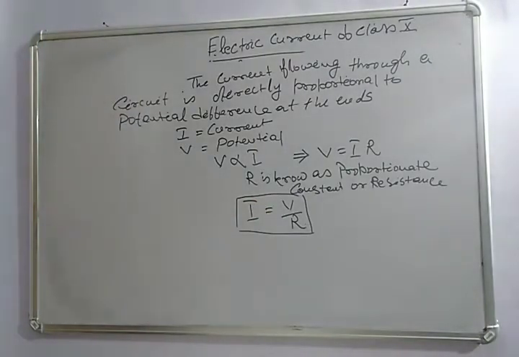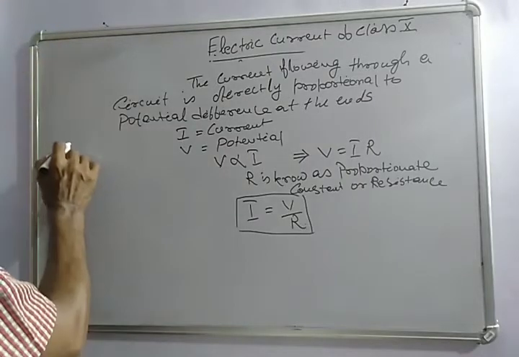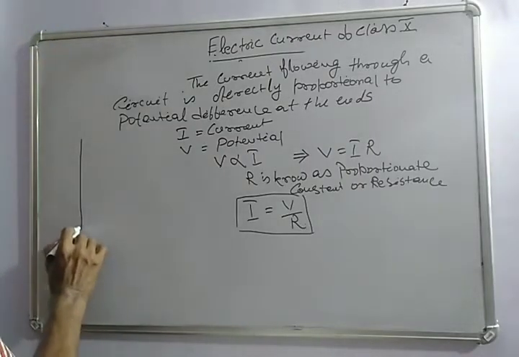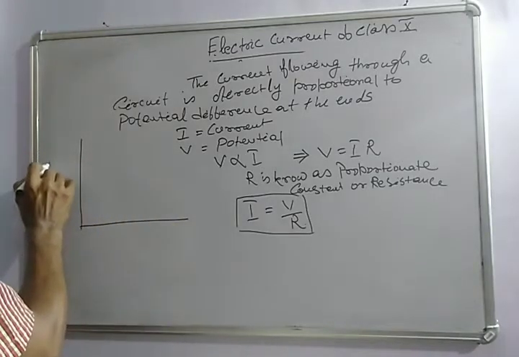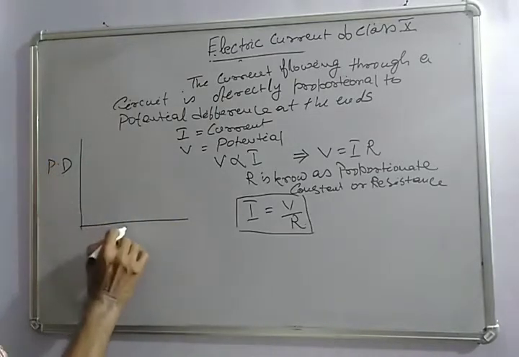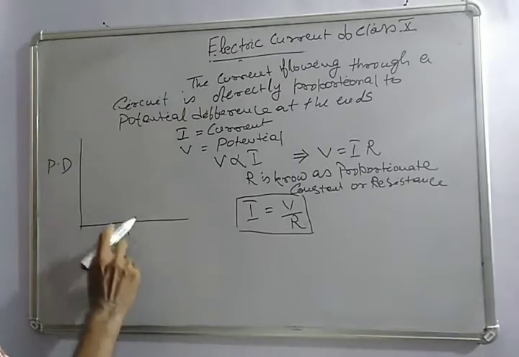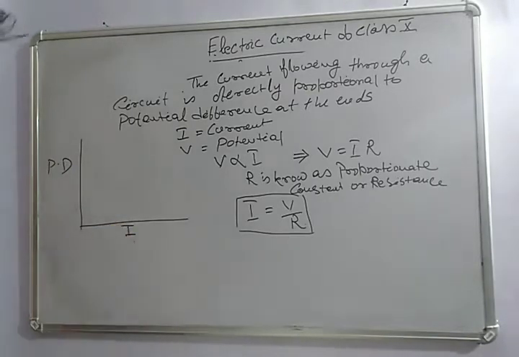To verify this, we make a circuit like this and draw a graph of the flow of current against the corresponding potential difference. This is potential difference and this is current.